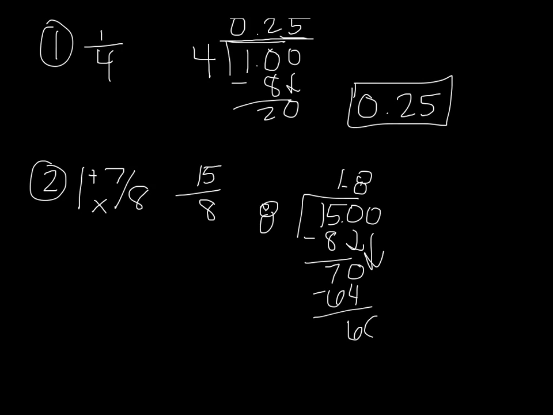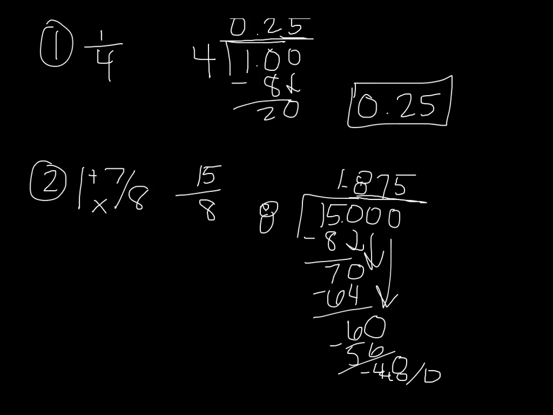Bring down another 0. How many times does 8 go into 60? Well, I know that 7 times 8 is 56. Okay, so I'd have 4. Bring down another 0. 8 goes into 40 5 times. Minus 40, and I get 0 left over. So my answer is 1 and 875 thousandths.